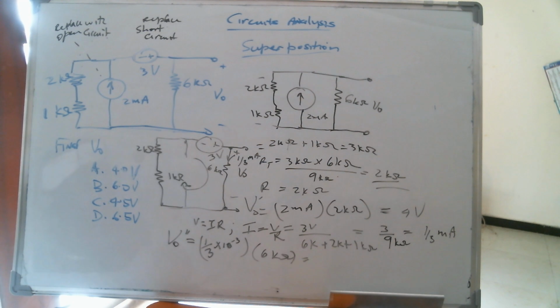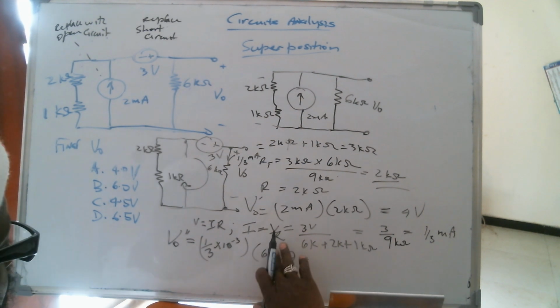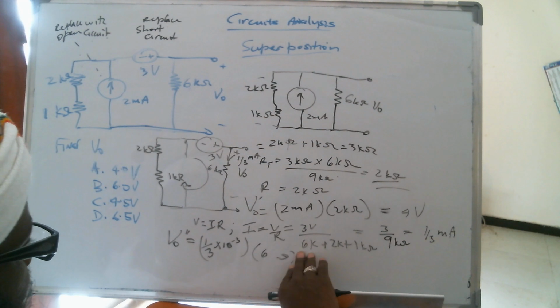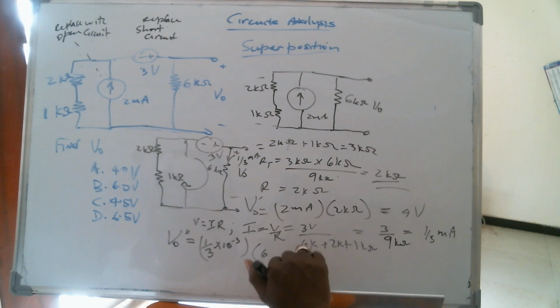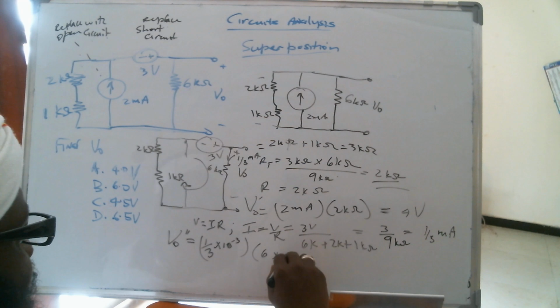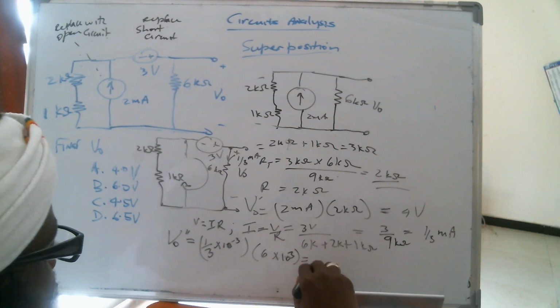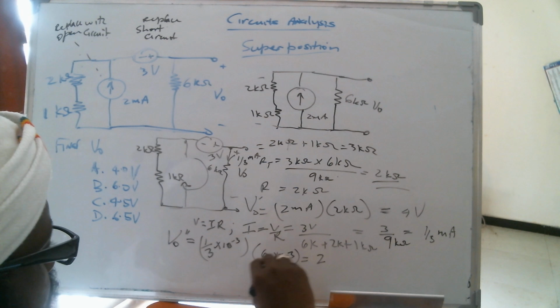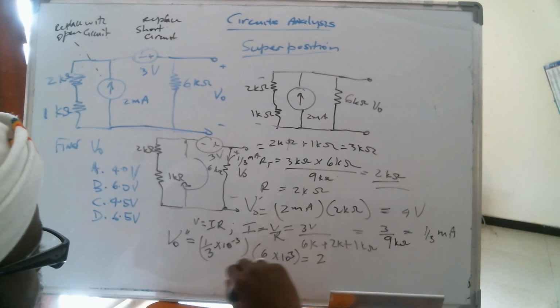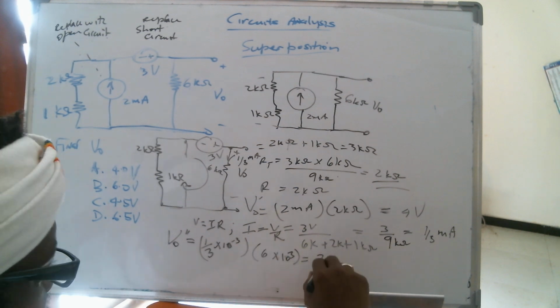That's going to be equal to what? Well, 6K ohm is also 6 times 10 to the third, isn't it? So 10 to the minus 3 cancels 10 to the third, and that's going to be 2 volts.